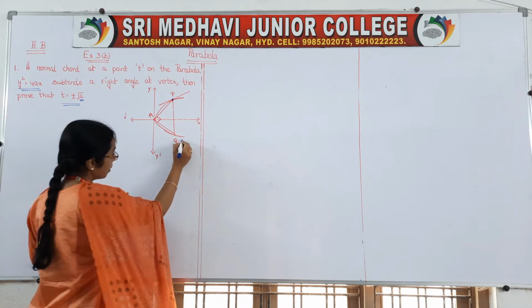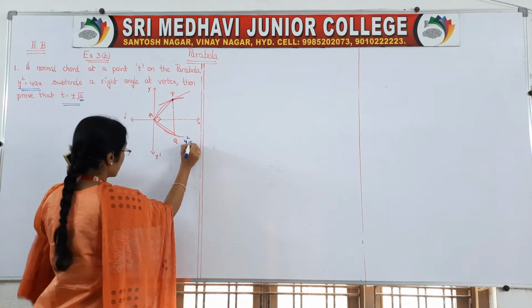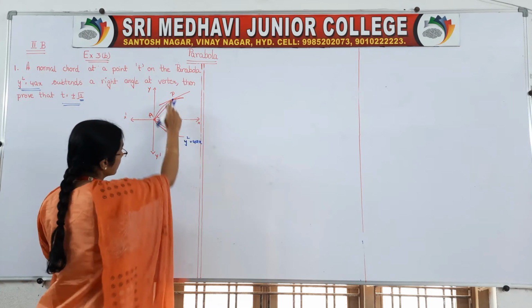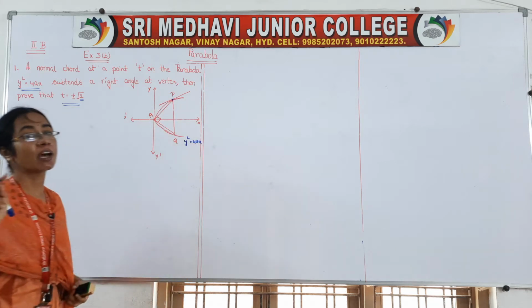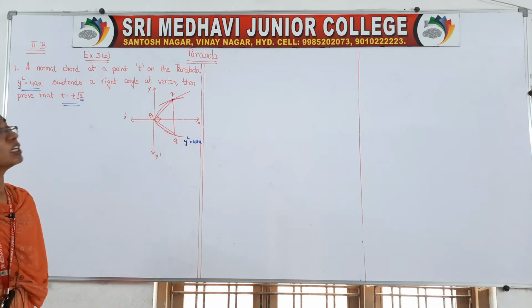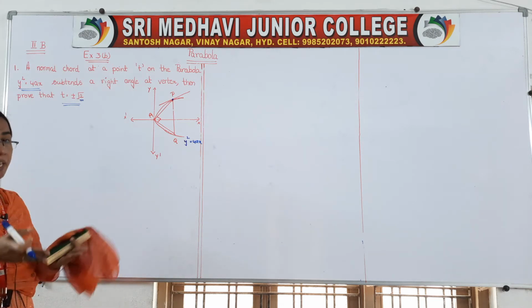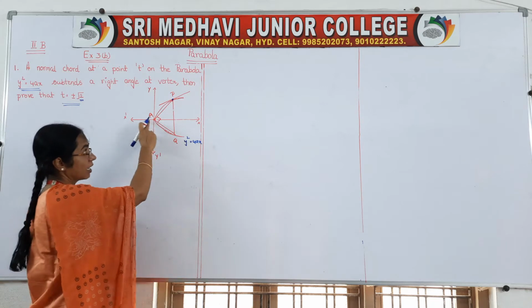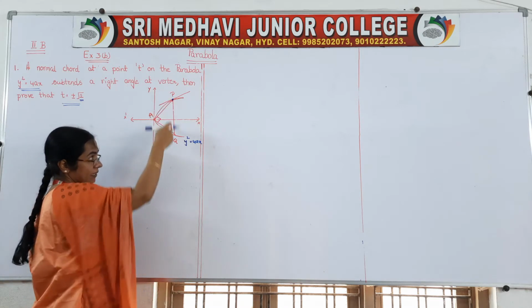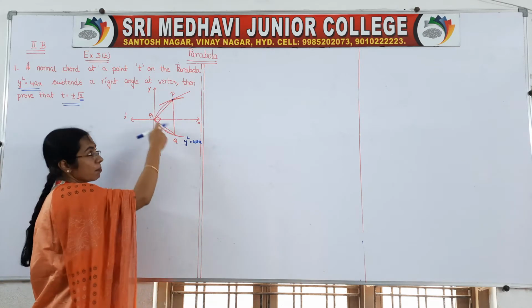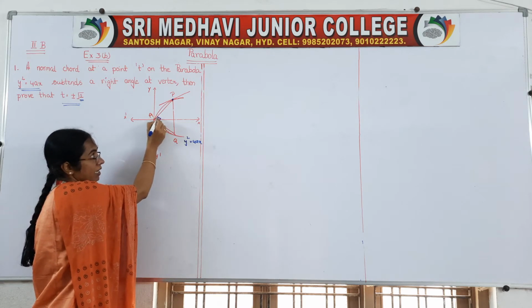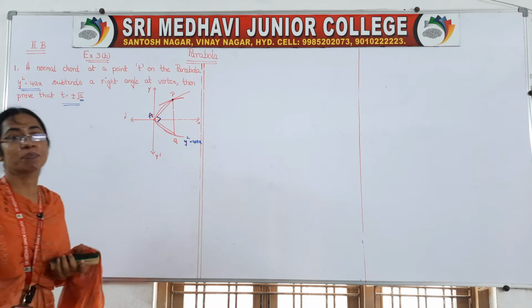This parabola equation is y square is equal to 4ax. This PQ is your normal chord. This normal chord subtends, that is makes, a right angle at the vertex. So this normal chord PQ makes 90 degrees at the vertex of the parabola.